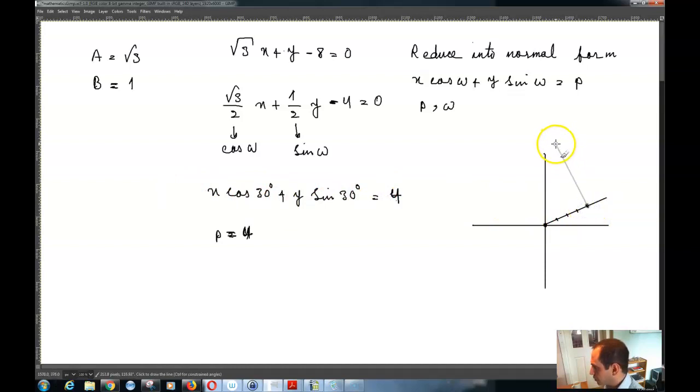And so it would be some line like this, and then this is now basically your x and y, and this is the line that you were looking for. So that is basically the whole story. So basically over here now your p is equal to 4 units, and your omega is equal to 30 degrees.